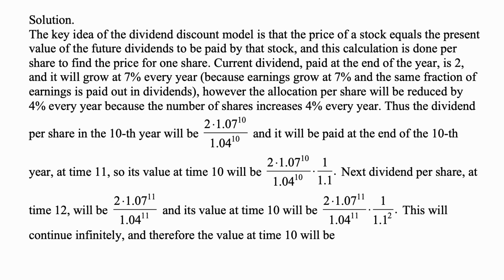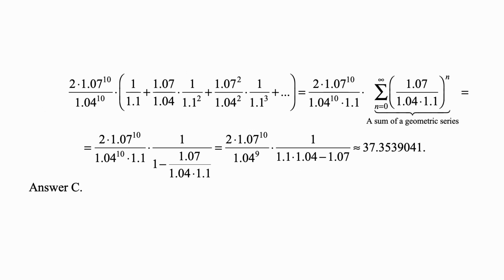This will continue into infinity, and therefore the value at time 10 will be 2 times 1.07 to the 10th over 1.04 to the 10th, dividend for year 10, and then multiplied by 1 over 1.1 for the payment at time 11, plus 1.07 over 1.04 for the growth of the earnings and growth of the number of shares in the 11th year, times 1 over 1.1 squared for discounting from the end of the 11th year, time 12, to time 10.